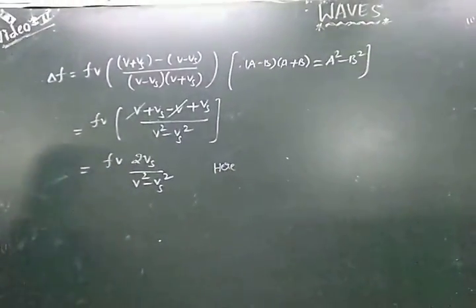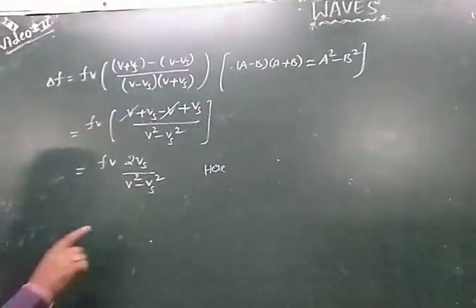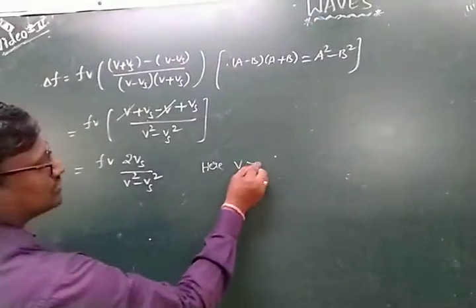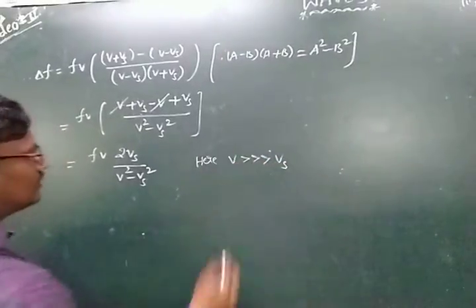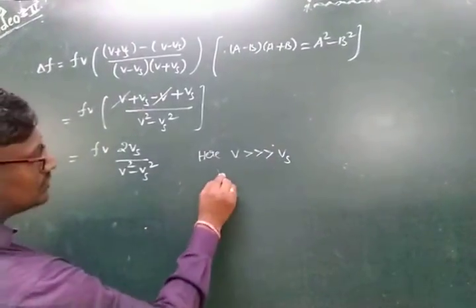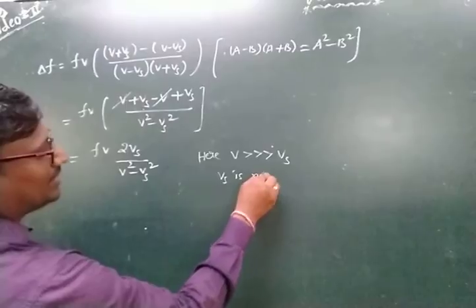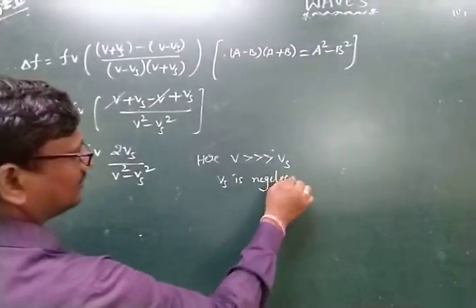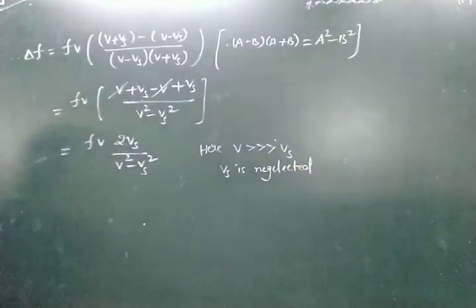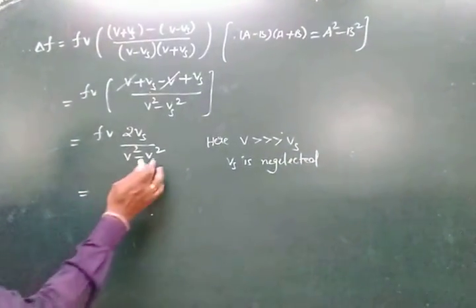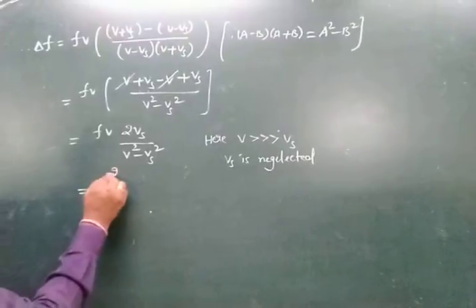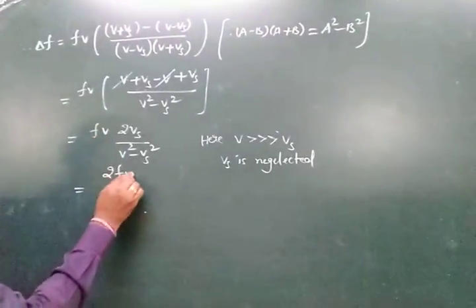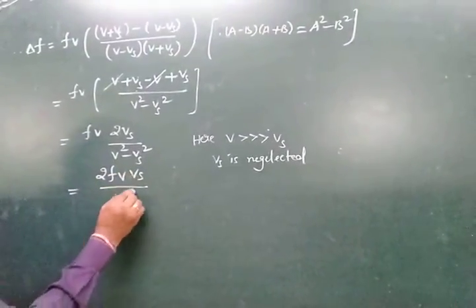Here the velocity of sound is greater than the velocity of source, then the velocity of source is neglected. Remember, 2 into f into v into vs by v square.